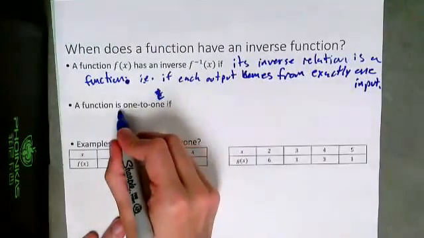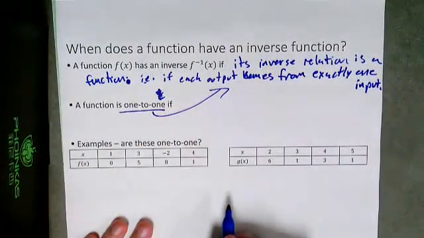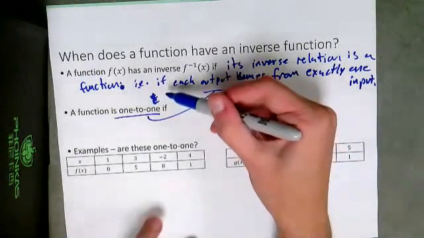Okay. A function is one-to-one if it satisfies this condition.